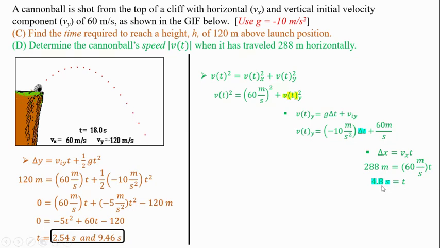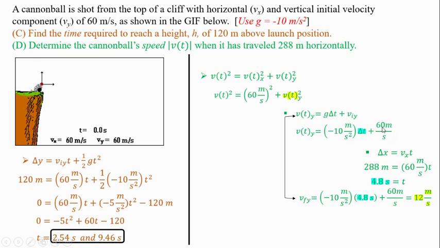Well, this 4.8 seconds, I can plug it back in here now to find what my V is at 4.8 seconds or at 288 meters horizontally. So if I carry my work down here, you should get, again, the negative 10 I just carried down. Instead of t, I substituted 4.8, and then the 60 I just carried down.